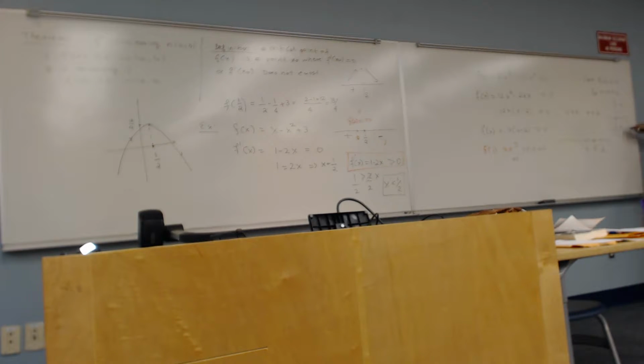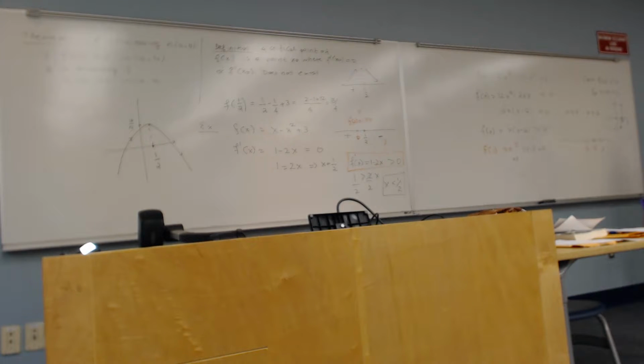If the function takes the value minus 1 and it takes the value 3, it has to take all the values between minus 1 and 3. In other words, I have to go from here to here without interruption. And so there has to be another point where the function is 0.